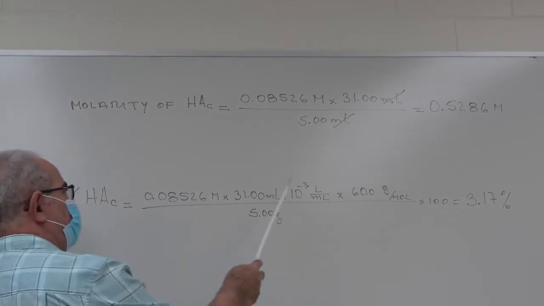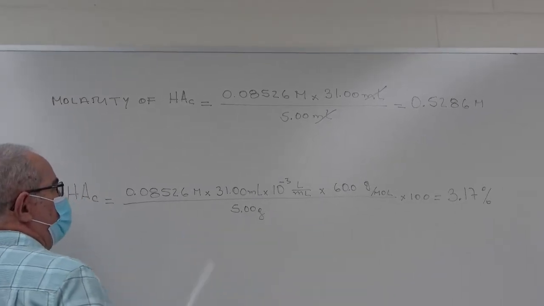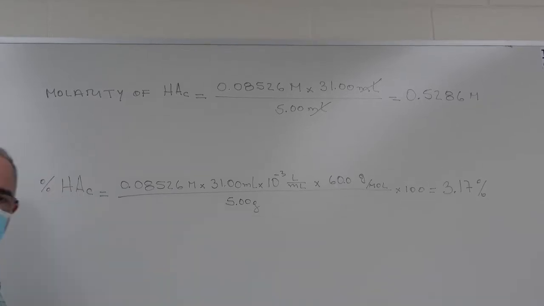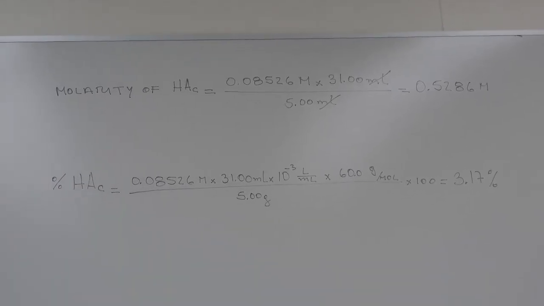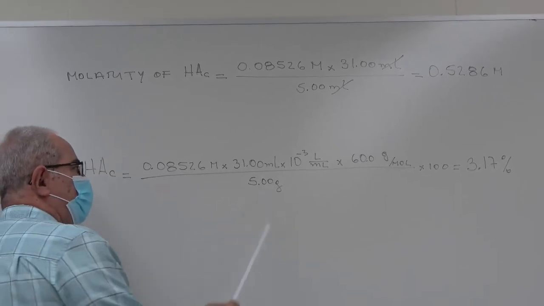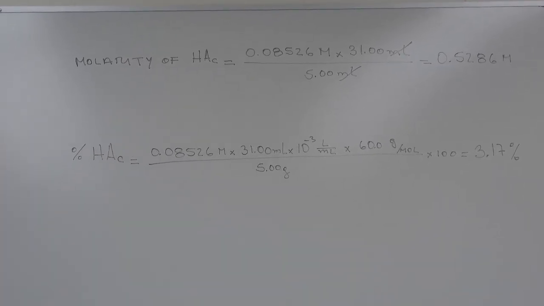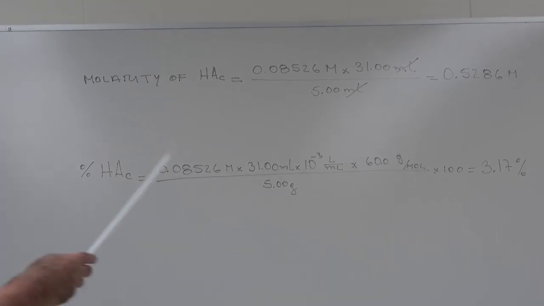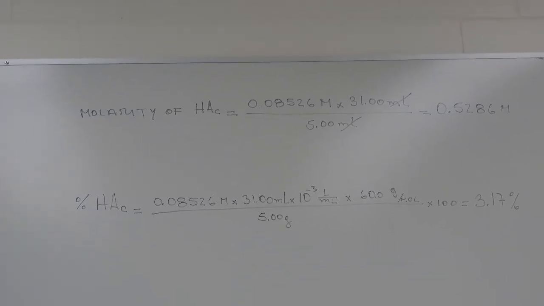And then this number of moles of acetic acid is going to be multiplied by the molar mass of the acetic acid, which is 60, and divided by the mass of the sample, which is 5.00 grams. The result is 3.17%.